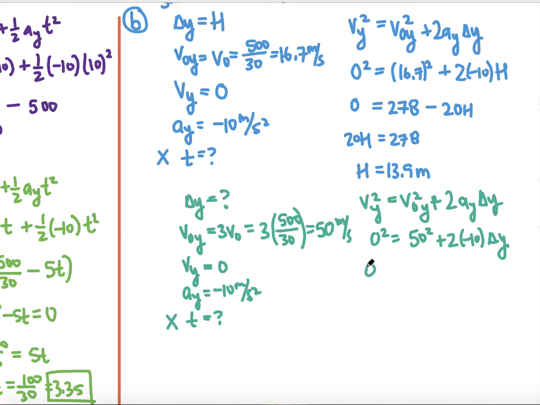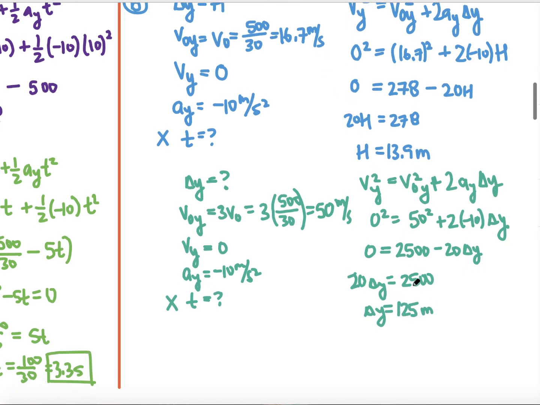Now we know that this is 0. 50 squared is going to be 2,500 minus 20 times delta y. If we now add 20 times delta y to both sides, that's equal to 2,500. And so our delta y is going to be 125 meters, but we need this in terms of h.